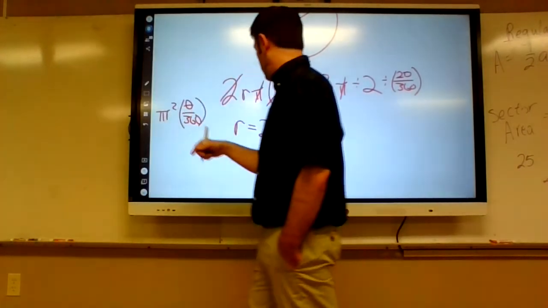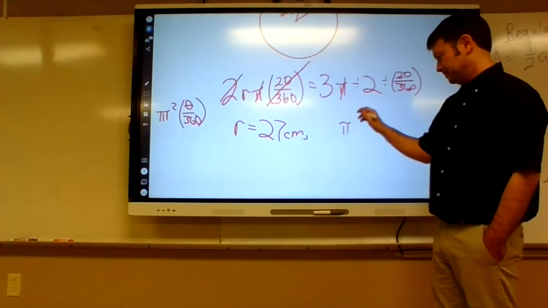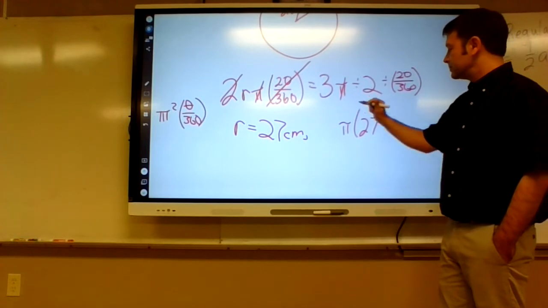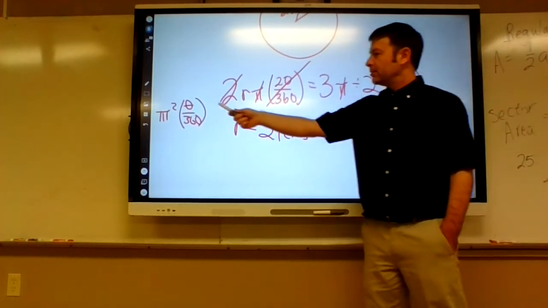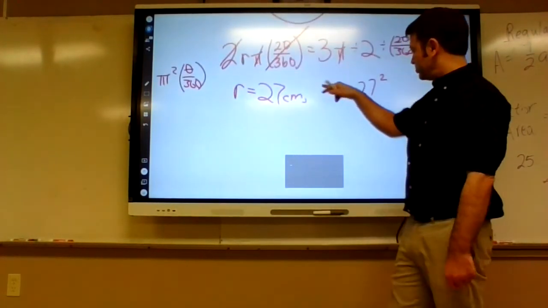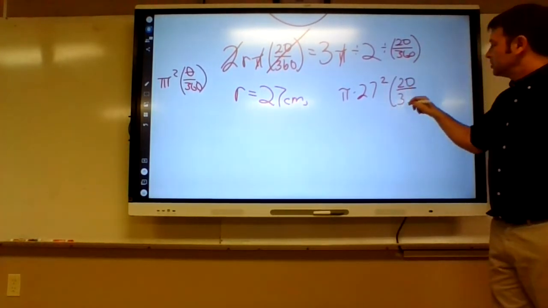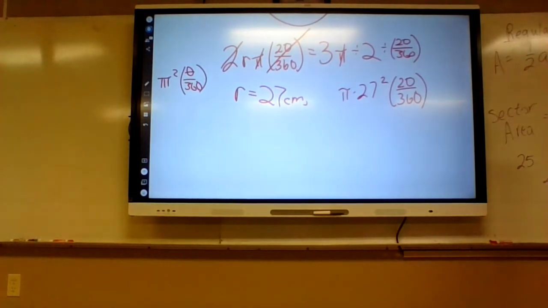So I'm just going to plug those numbers in. What's my r? 27, that's what we just found. So it's pi times 27 squared. What's my theta? Still 20, over 360.